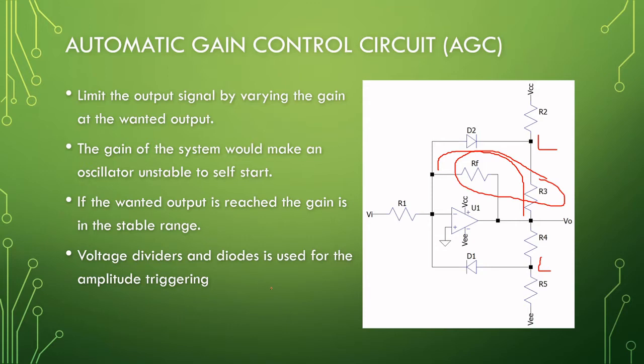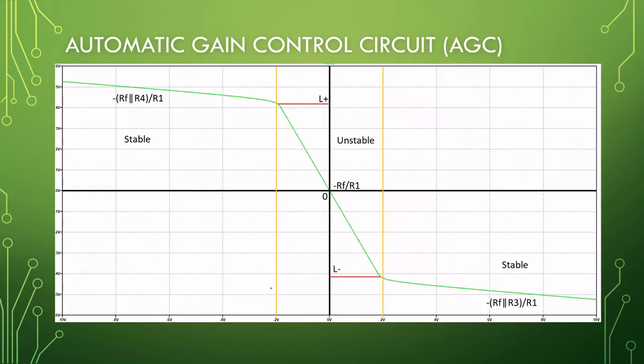Right. If we do a DC analysis of a limiter like this, this line here is our input, this is our output. Within this range here, our system is unstable, so that is where we start our oscillations.